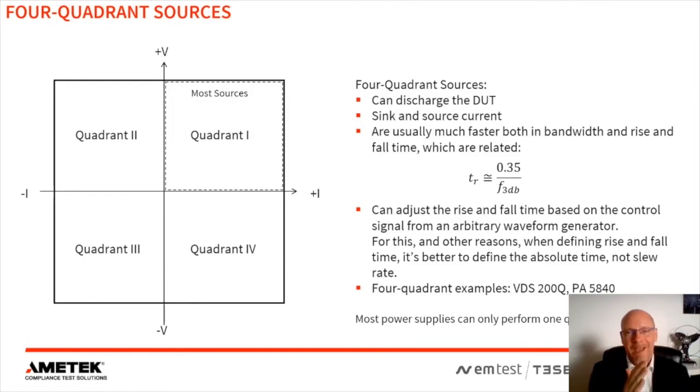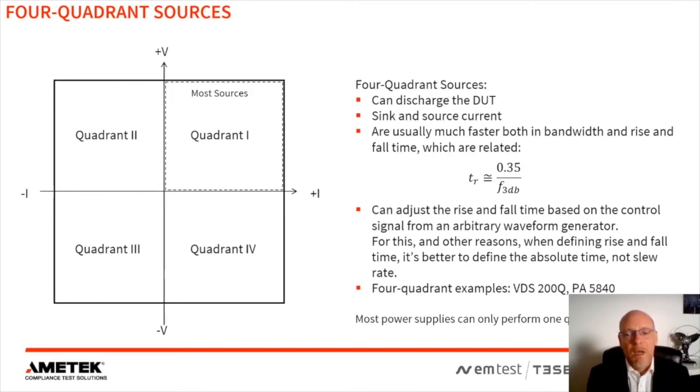That's the slew rate, and there's really no way to program that. But if you use an arbitrary waveform generator, you're programming the actual switch off time, for example. If you could program that, you have a little bit more control over how the user is able to program the test.